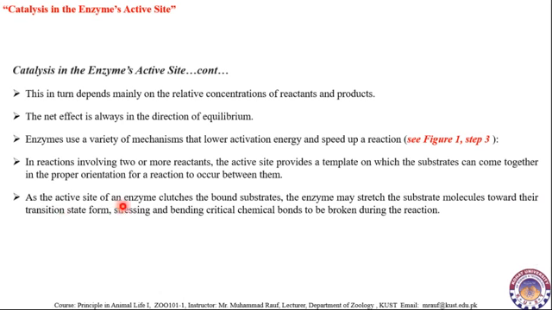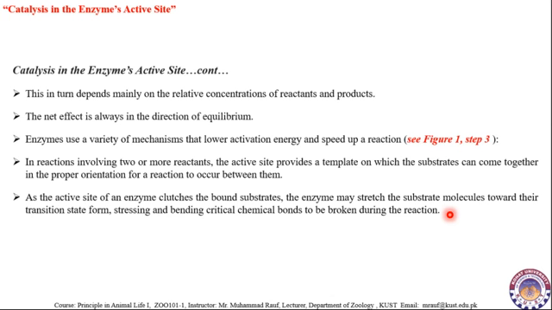As the active site of an enzyme clutches the bound substrate, the enzyme may stretch the substrate molecules towards their transition state form, stressing and bending critical chemical bonds to be broken during the reaction. So all this magic lies in the active site of the enzyme.